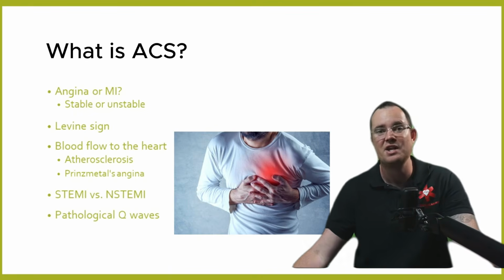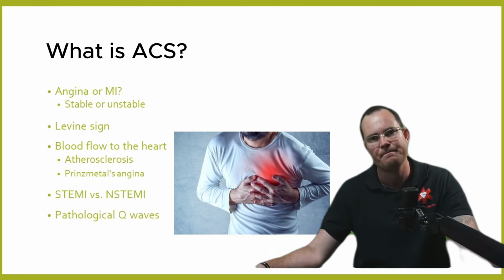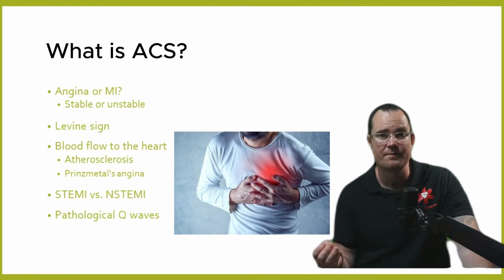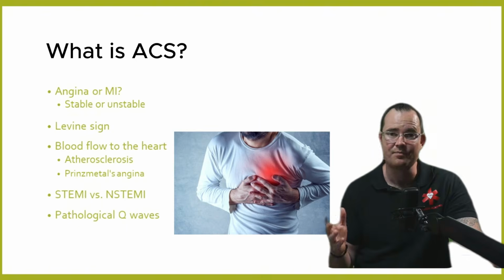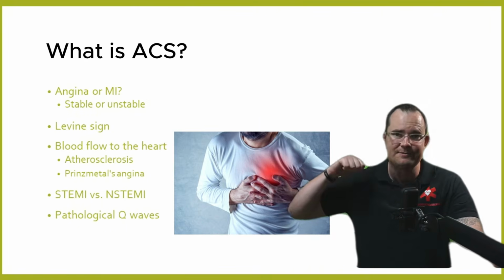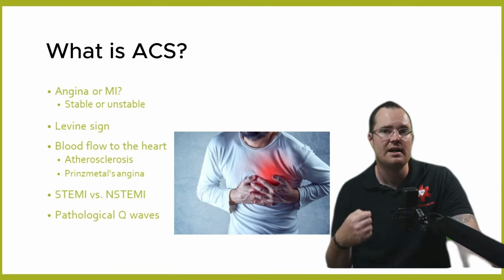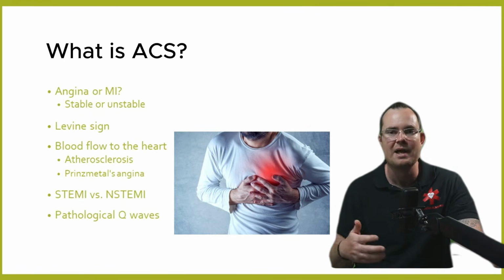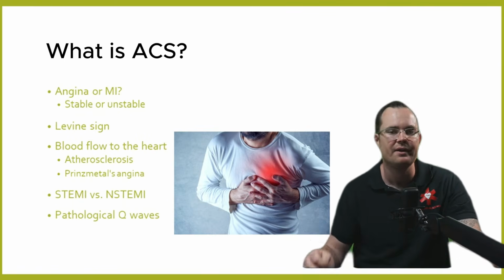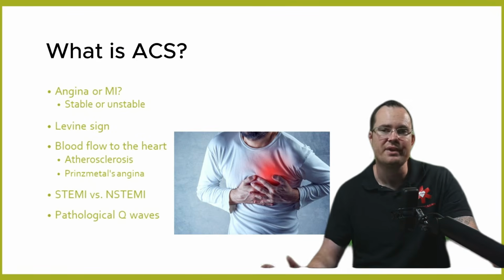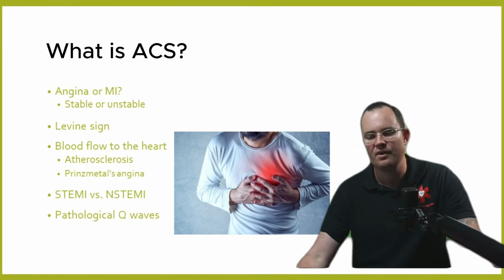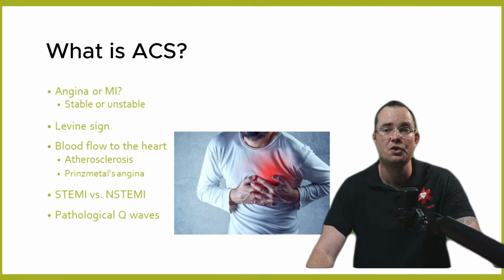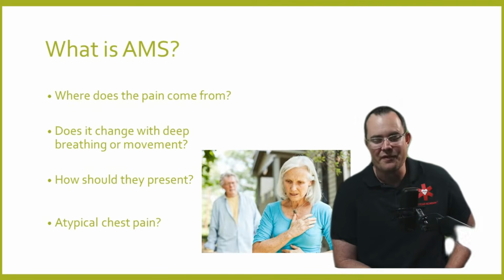All that means is that the patient has a history of infarction. So they have tissue inside their heart that is dead from a previous heart attack. Maybe they didn't get a stent in time. Maybe they had a really bad heart attack and ended up recovering. We can still see previous damage on their EKG by seeing pathological Q waves.